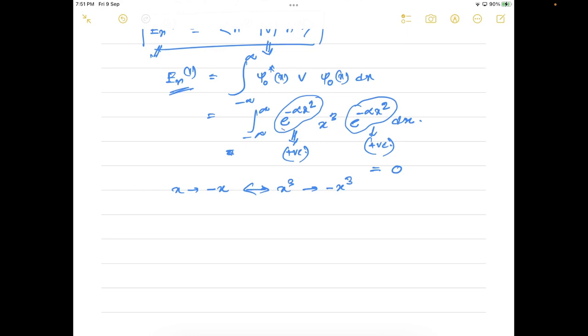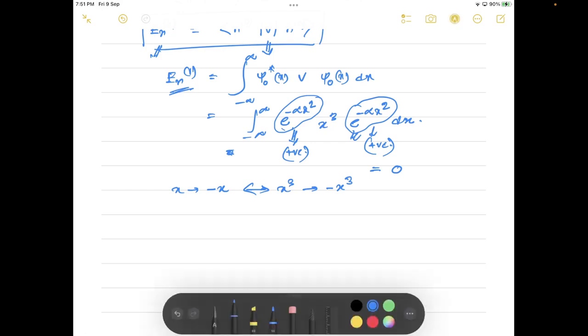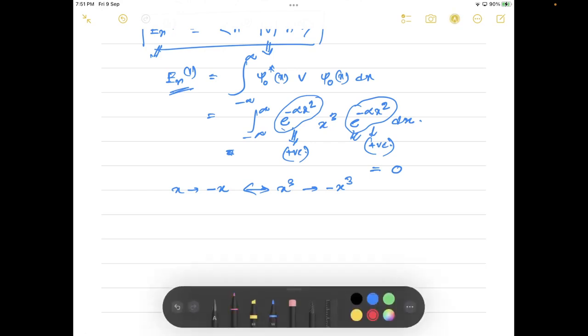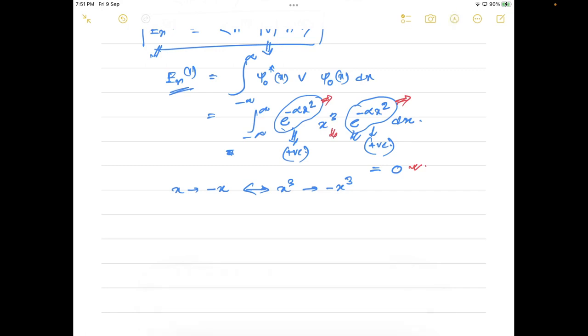Because this is a positive term, this is also a positive term, this is a positive term, and this is a negative term. So that's why from minus infinity to infinity, the overall sum will be equal to 0. So the first order correction due to perturbation, which is En1, is 0. There will be no first order correction here for this kind of problem.